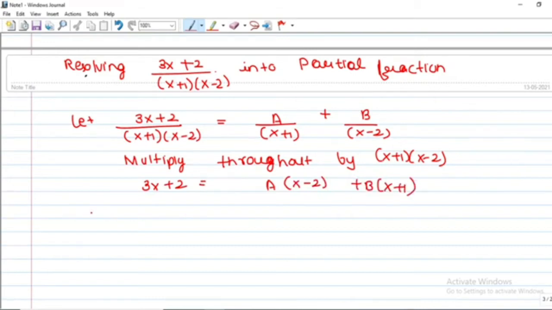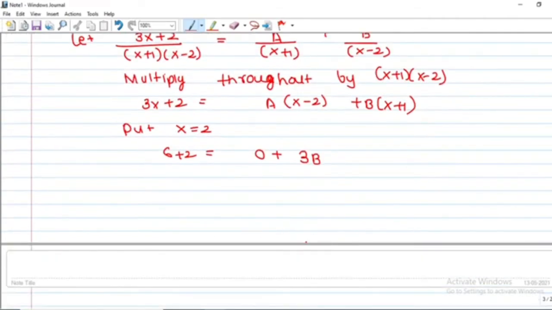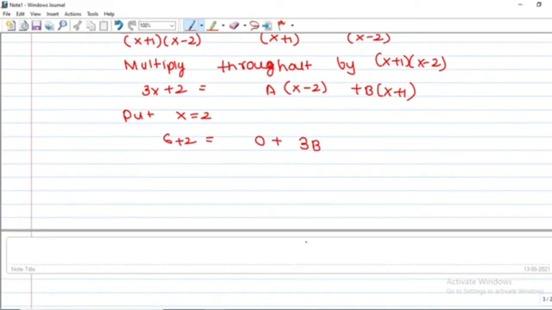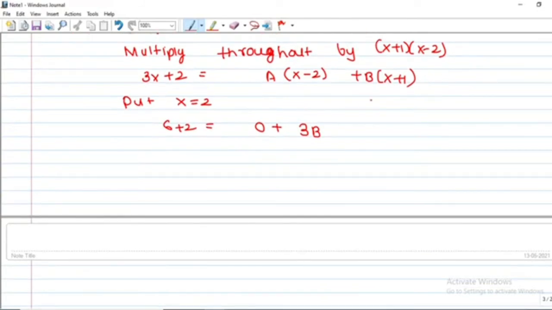Now we will put in values and try to solve. So put x equals 2. This will become 3 into 2, 6 plus 2, and here the A term will be 0, and here it will be 3B. So our answer will be 8 by 3. The B value will be 8 by 3.